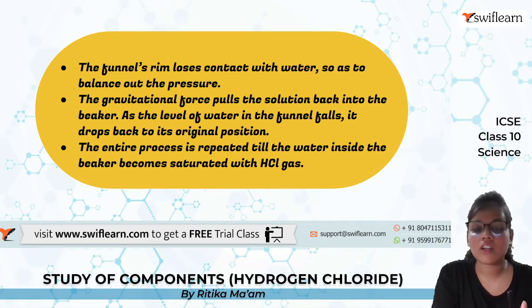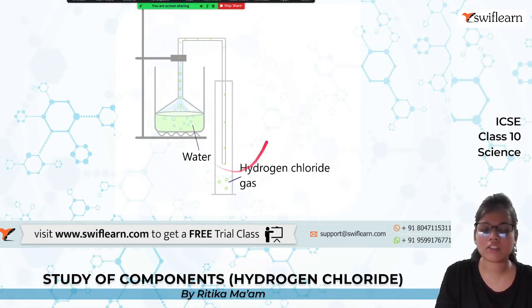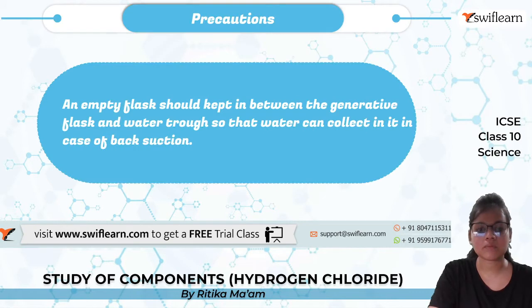This process repeats again and again till no more gas is able to be absorbed by water. So here it becomes a concentrated, saturated solution, which means no more gas is absorbed by the water. This is how we get the solution, and this process keeps on repeating.